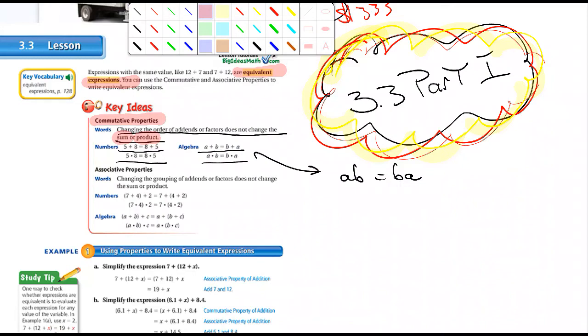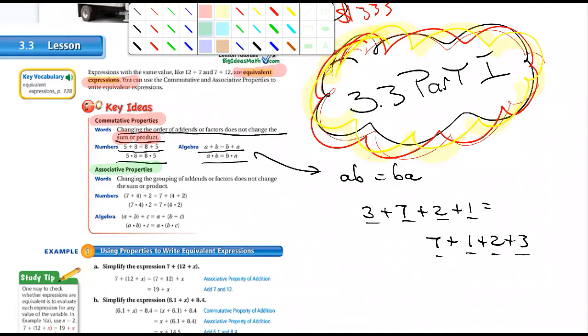So if I wrote, let's see here, 3 plus 7 plus 2 plus 1 equals, and then I wrote 7 plus 1 plus 2 plus 3, that expresses the commutative property. We're looking at each one by itself. They're not grouped together.